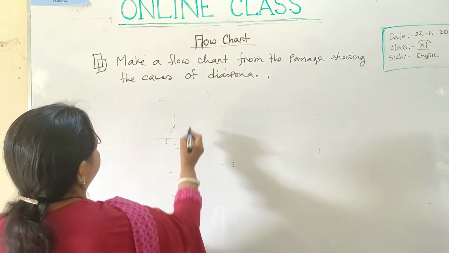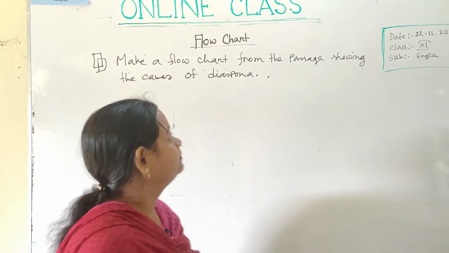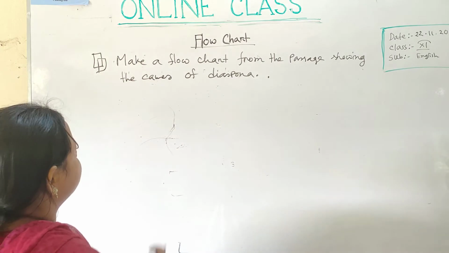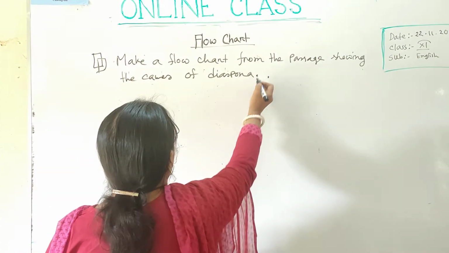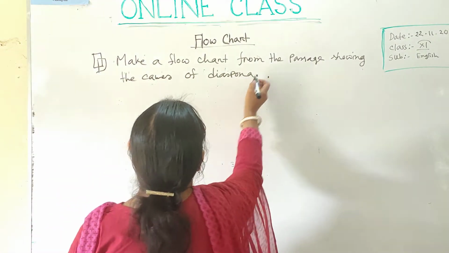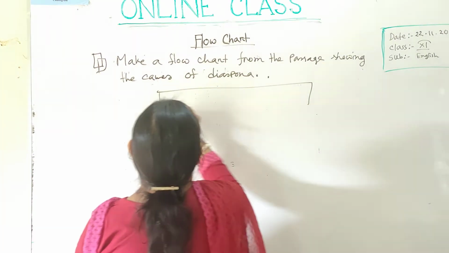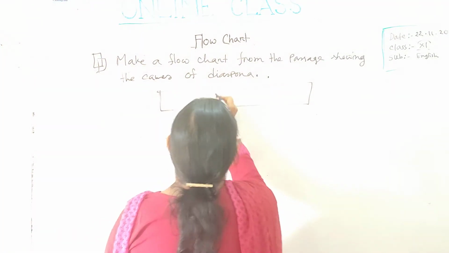For example, number 1 is given for you. Make a flowchart from the passage showing the cause of diaspora. If the question is this pattern, we have to show only the causes. For example, 1 will be given in your passage.